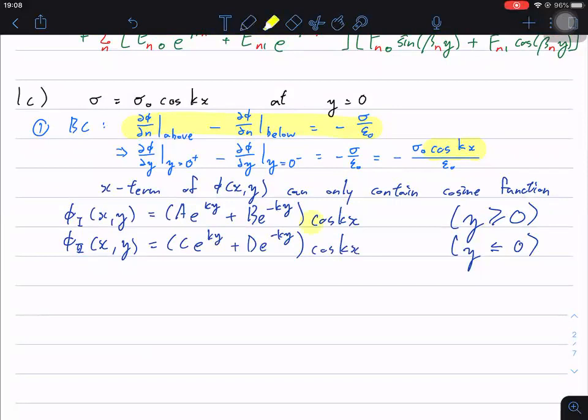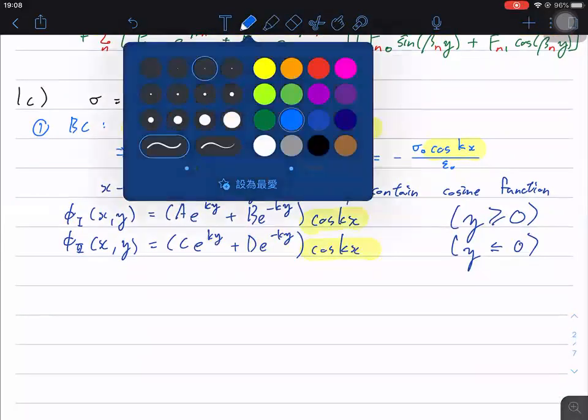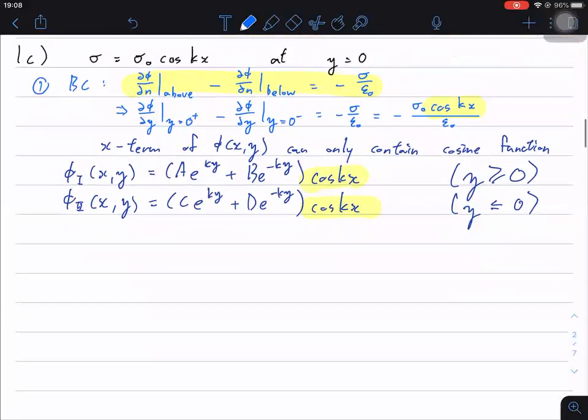So for the x term, we're containing only the term cosine kx. So right now, what we have to do is to find the coefficients A, B, C, D using the other boundary condition.